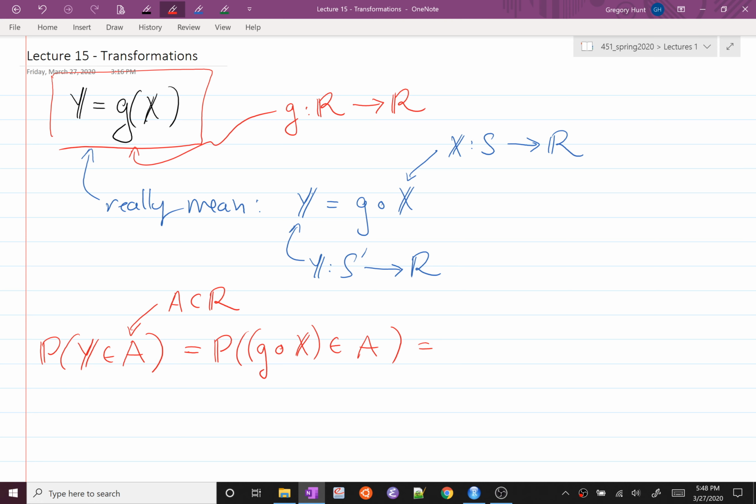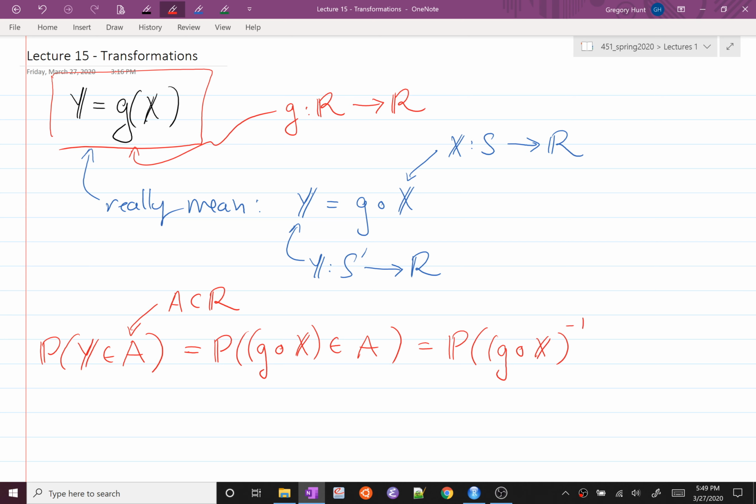And using my rules of what we mean when we say a probability of random variables in a set, really we mean the inverse image of that random variable.